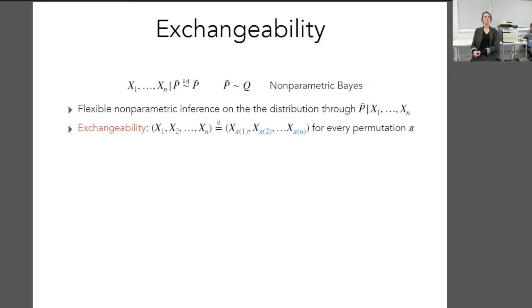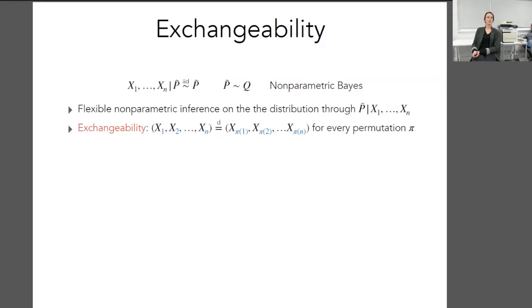And well, using these non-parametric assumptions in the model is actually giving a lot of flexibility to our models, because indeed you are not restricting to one particular functional class for the distribution of the data. And so one can make this flexible inference by analyzing the posterior probability of the random probability given the data.